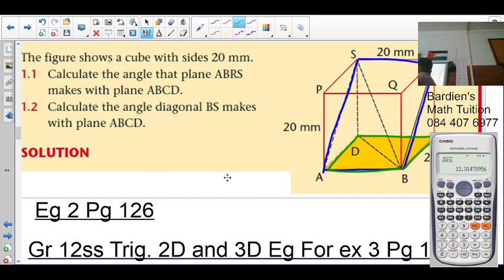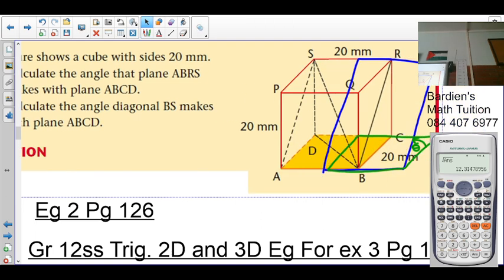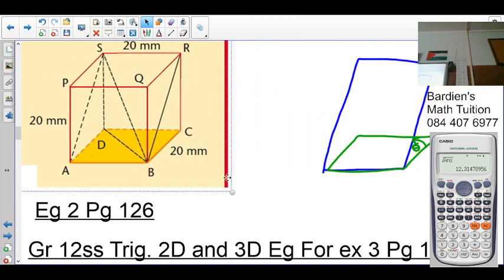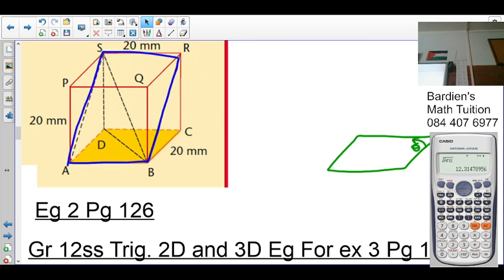Okay, that's it. So in other words, they want you to calculate this angle here. You all agree with that? And let's call that theta for now. Right, so let's see what we can do. There are 2 parts of the question, so don't forget.